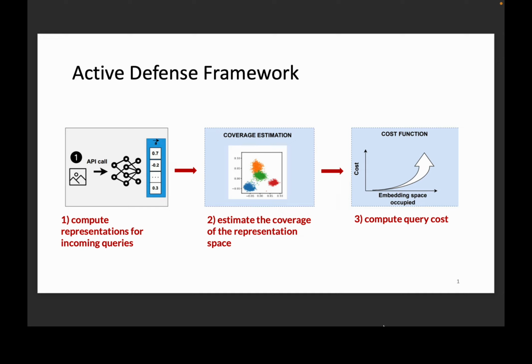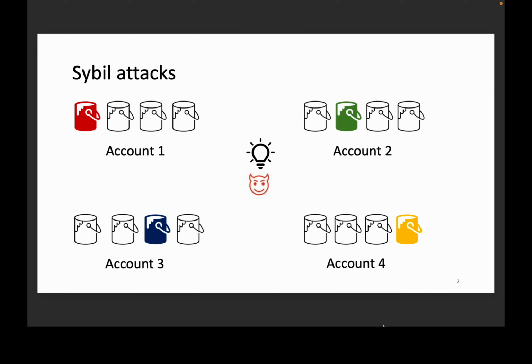Now, some of you may already come up with an idea on how to breach this defense mechanism using multiple accounts. If you did, you are depicted here as a smart attacker. A smart attacker may use the so-called Sybil attack. First, they set up multiple accounts and send only a limited number of queries from each account.